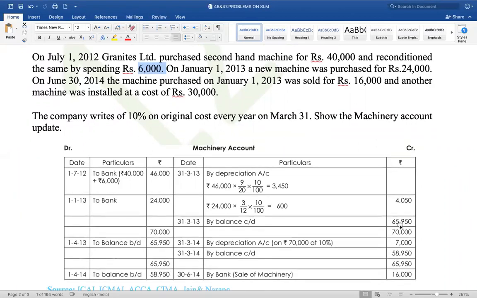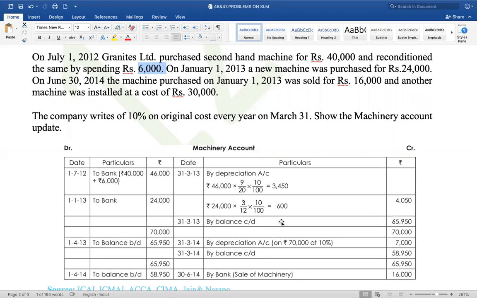And we will close this account on 31st of March 2013. We need to know the balance, the total worth of the assets you procured in the month of July of last year and in the month of January of this year. What is that? By balance carried down, the closing value of this machinery.